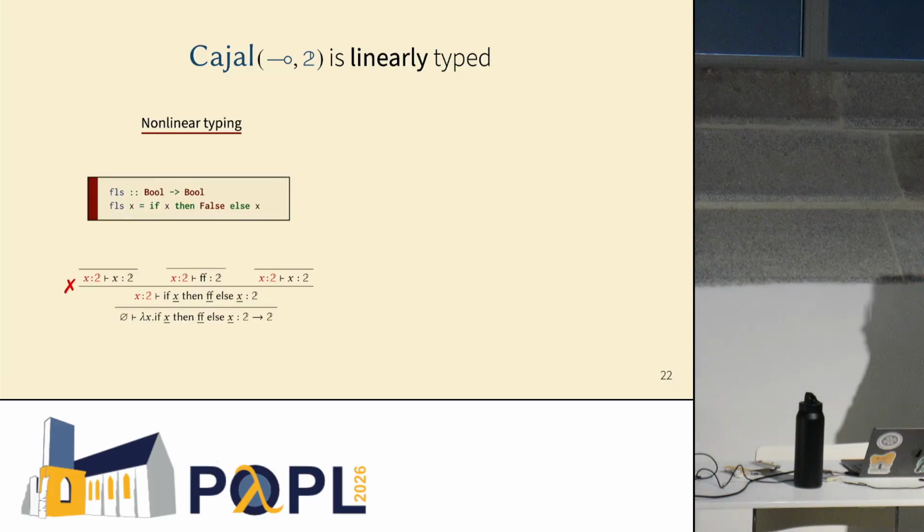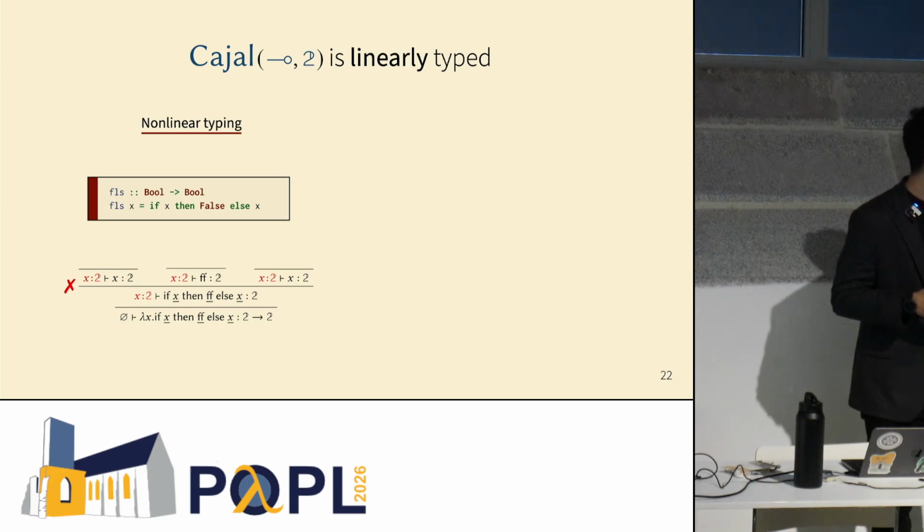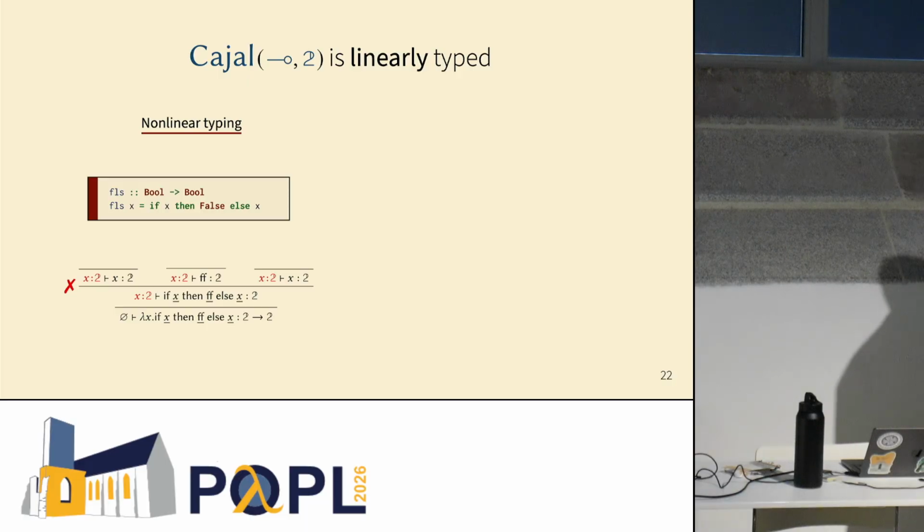So with nonlinear typing, the issue is that you can freely duplicate assumptions in your typing judgments. And in short, what this will mean behind the scenes is that when you're trying to define a semantics for your language and compile them to linear maps, often the fact that, for example, in this program, you're duplicating the assumption that x is a Boolean causes issues in your proofs.